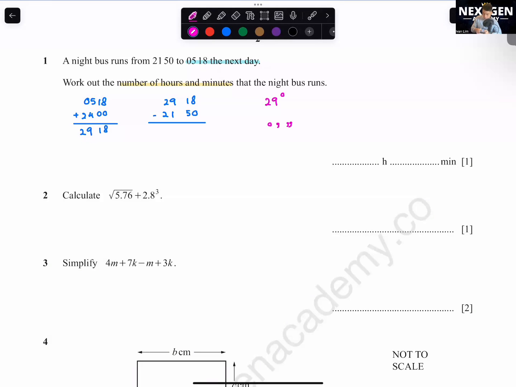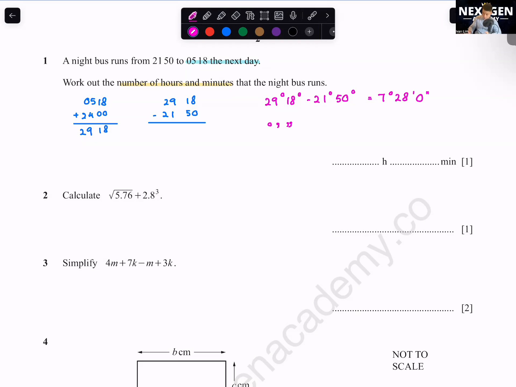So you type 29, press that button, 18, press that button, minus 21, that button, and 50, that button. Just double check your answer. Everyone try together. What do you see on your calculator? You should get 7, 28, 0. This is a calculator trick to calculate for time.